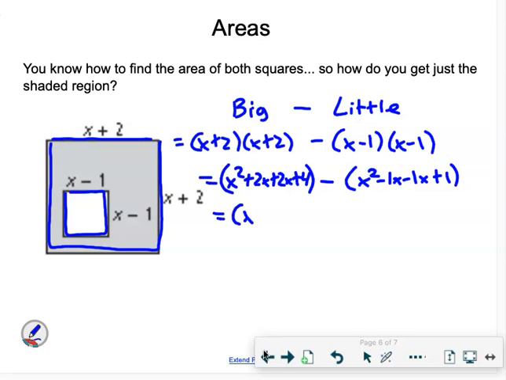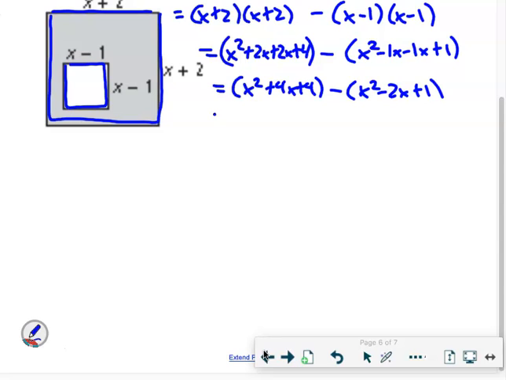So when we do that, x squared 4x and 4 minus x squared 2x and 1, we're trying to now subtract these two polynomials. To do that, we turn it into a plus problem. We distribute the negatives. So we have negative x squared, positive 2x, and negative 1.